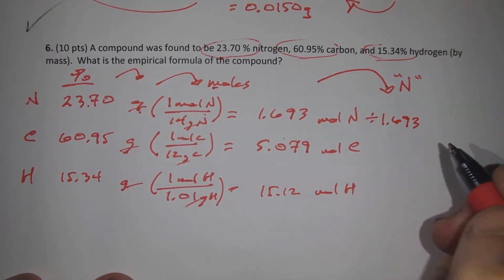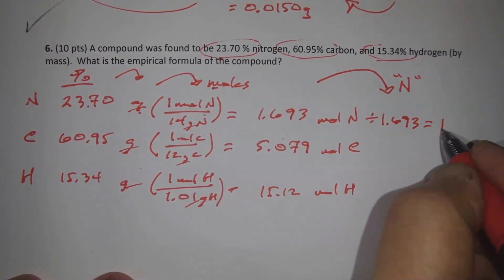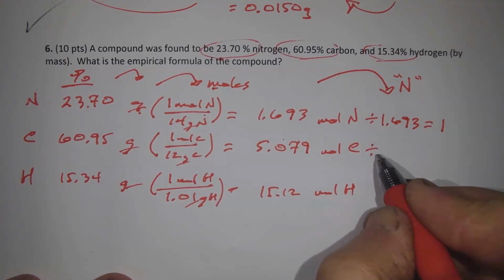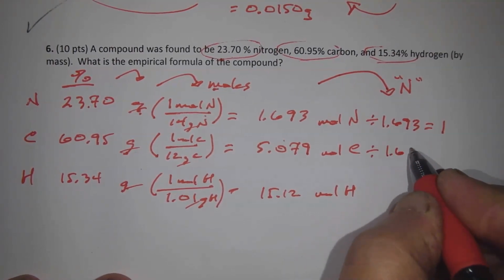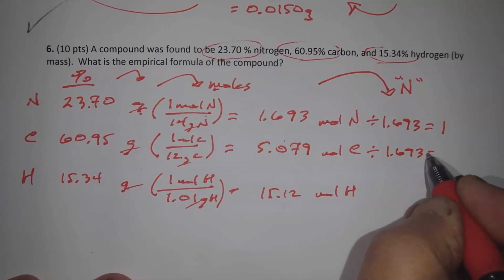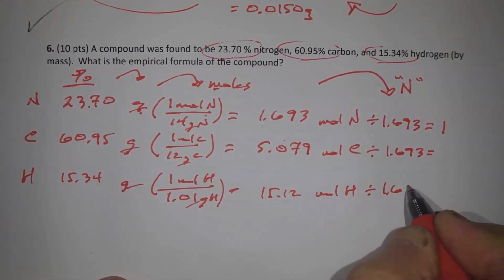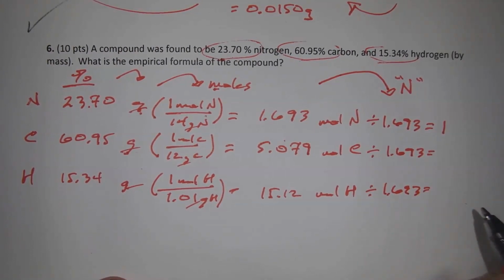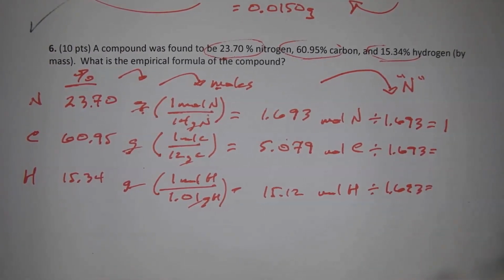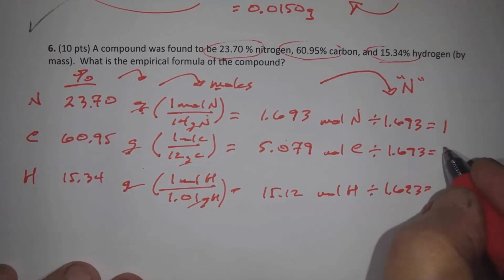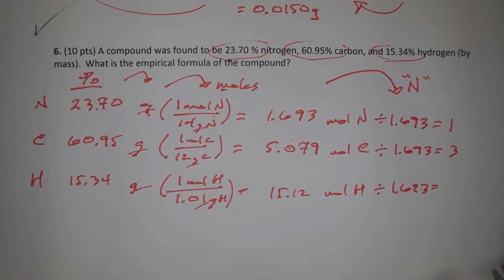So I'll divide this one by 1.693, which is of course 1. I'll divide this one by the same 1.693 because I want to preserve the ratio. I'll divide this one by 1.693. And if I take 5.079 divided by 1.693, I get almost exactly 3. If I take the 15.12 divided by 1.693, I get 8.97.